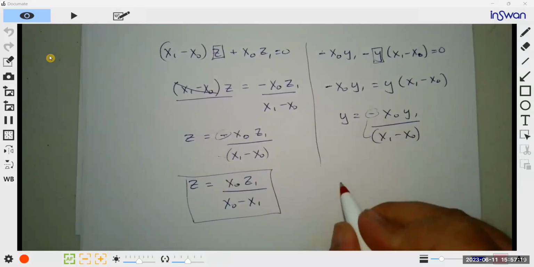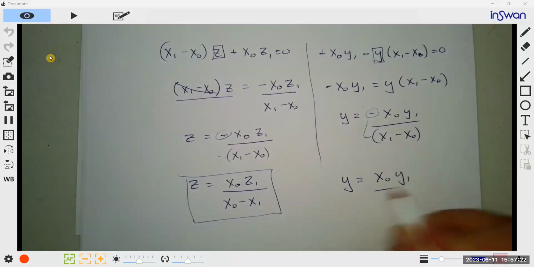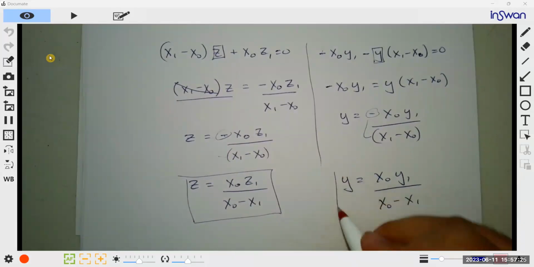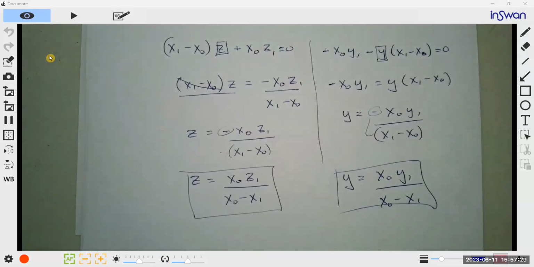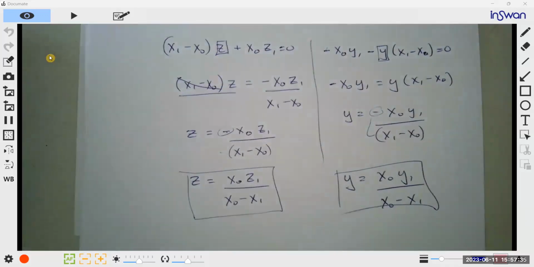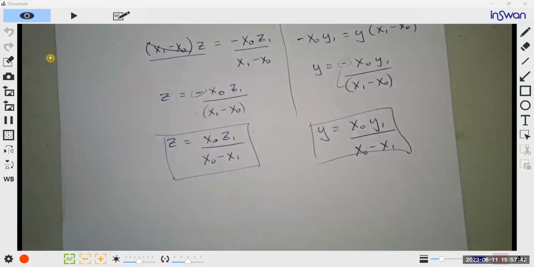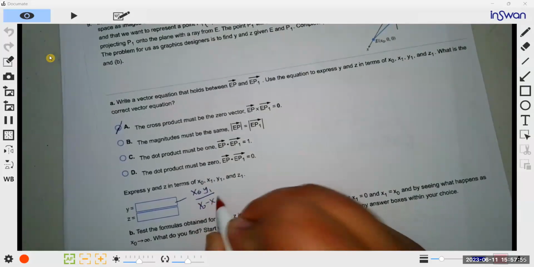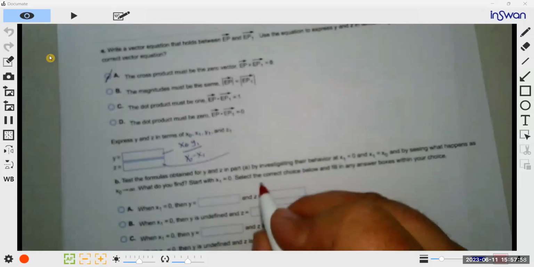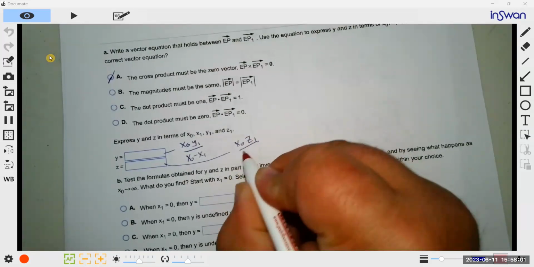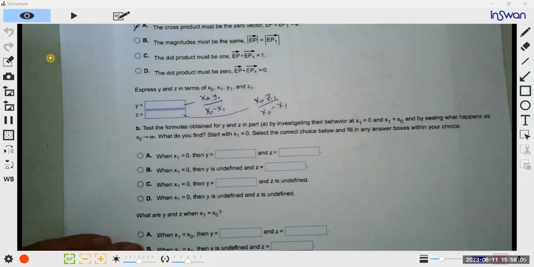Here are the answers. y is equal to x0 y1 over (x0 minus x1). z is equal to x0 z1 over (x0 minus x1). And those are the solutions.